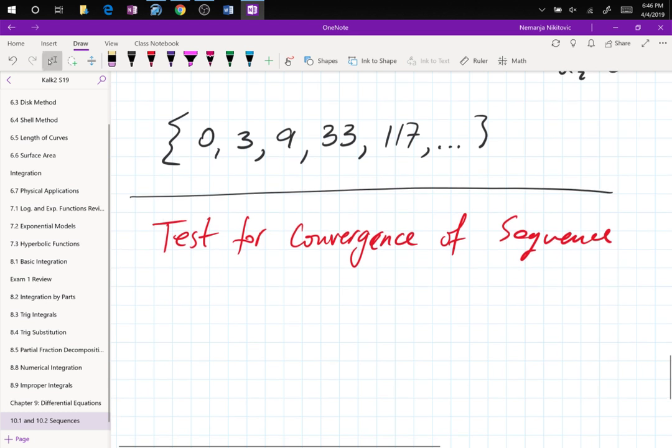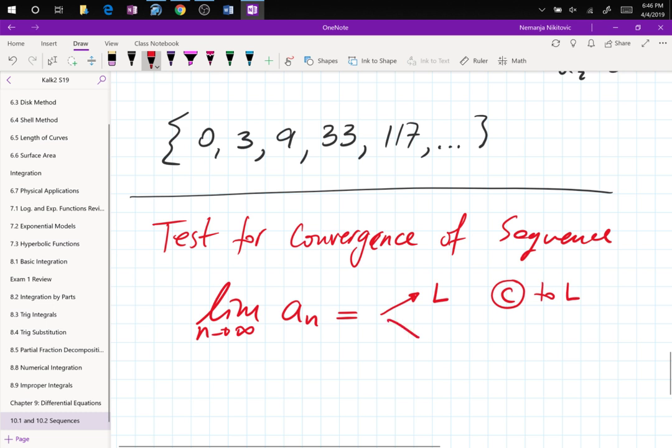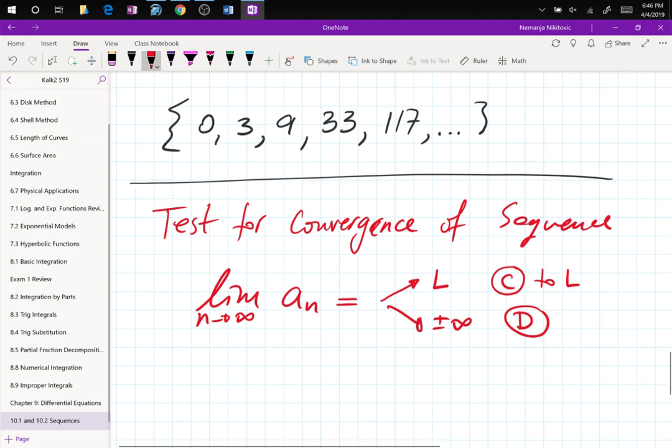And it goes like this. Take the limit of it. Limit as n goes to infinity of a_n is equal to, if it's finite, we say it converges to L. If it's positive or negative infinity, we say diverges.